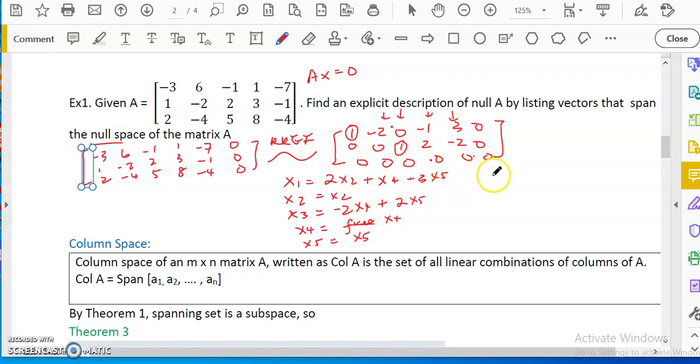So this is Nul A, and if I am to write it, I will say Nul A is the set of these that satisfy these, right?